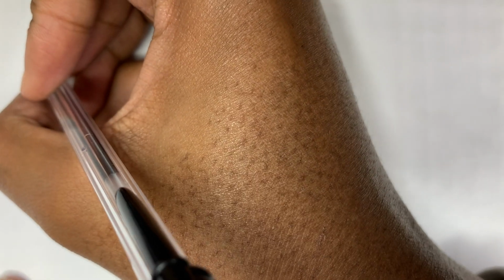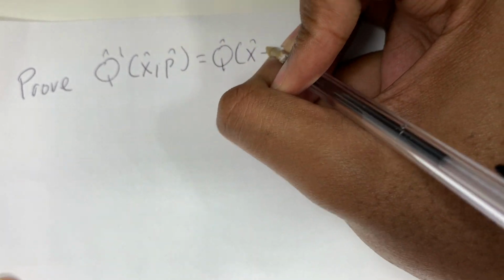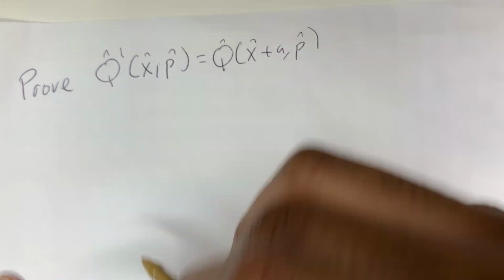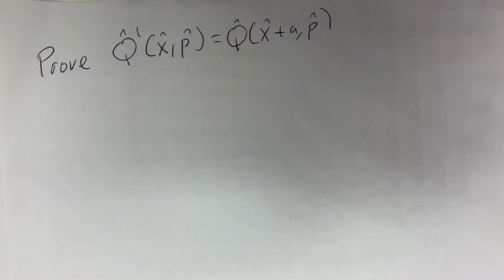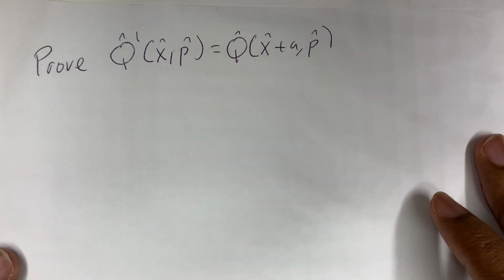Okay, so we want to prove the q hat prime of x hat, p hat, that's q hat of x hat plus a, p hat. Sorry for the bit of a delay. I just have to get some of my notes because we don't memorize every single thing here, right?